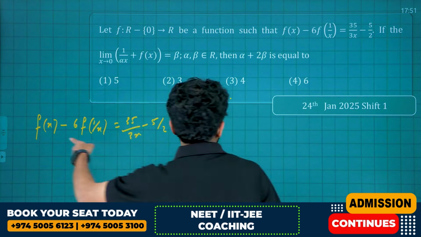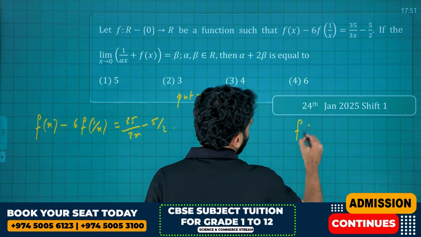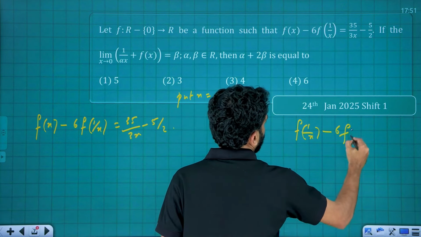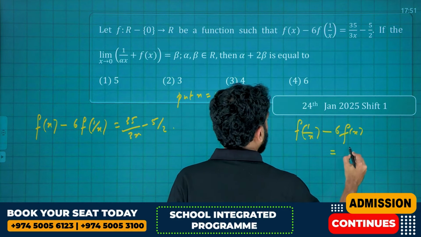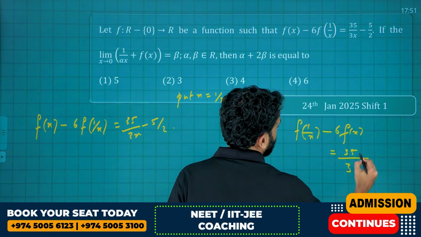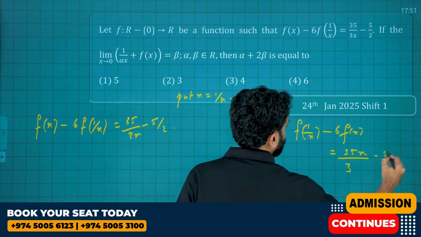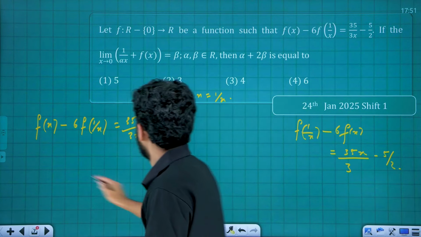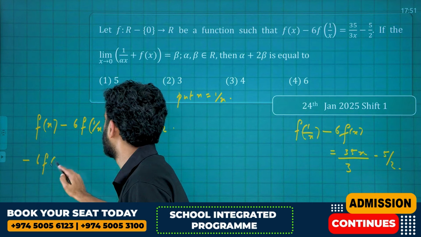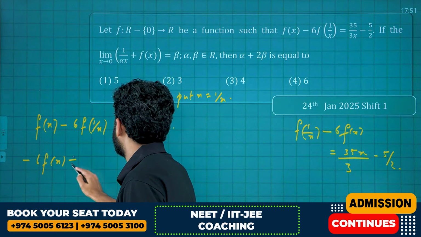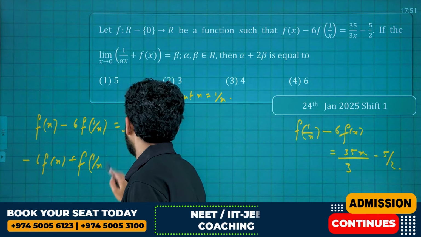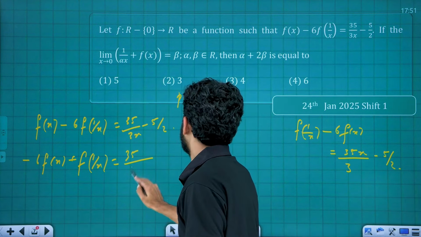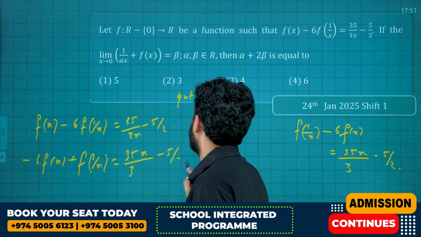If you put x is equal to 1 by x, the equation will be f of 1 by x minus 6 into f of x is equal to 35 by 3 into x minus 5 by 2. I am rearranging this here, that is, it will be minus 6 into f of x plus f of 1 by x, which is equal to 35 by 3 into x minus 5 by 2.